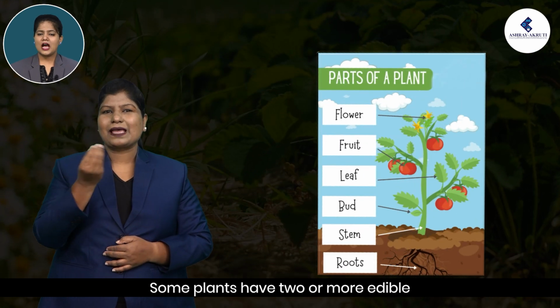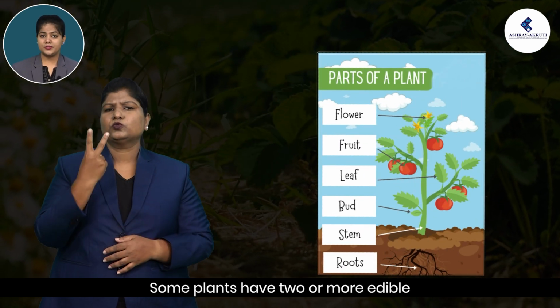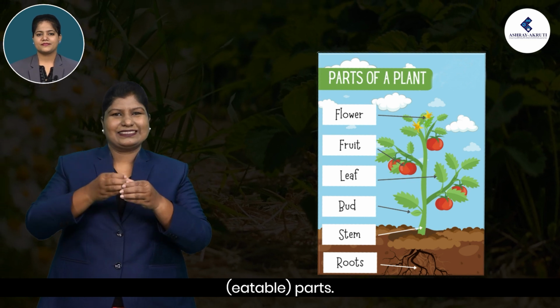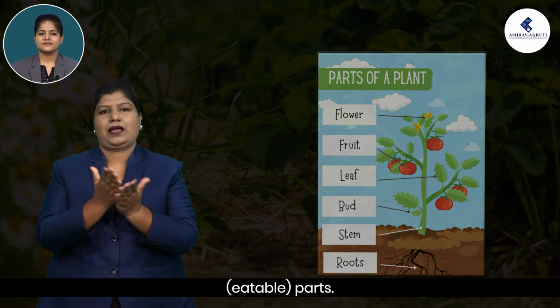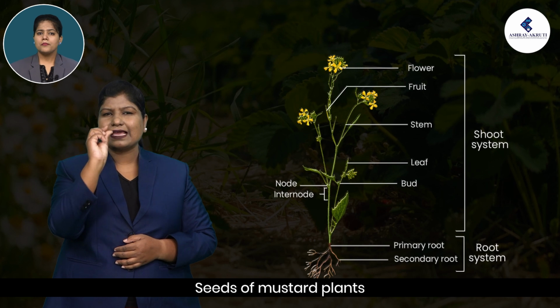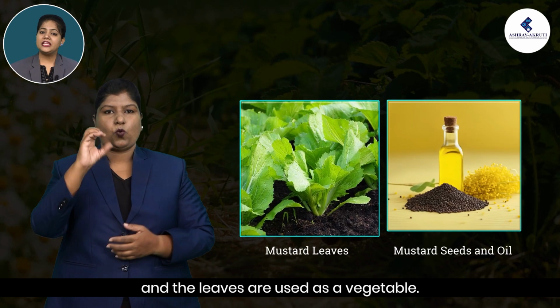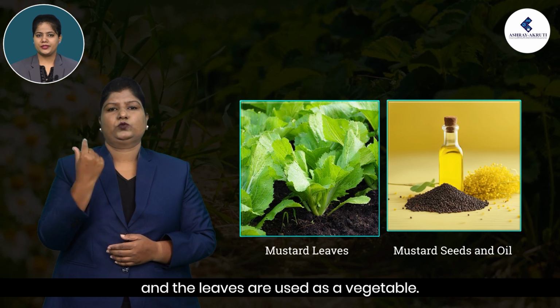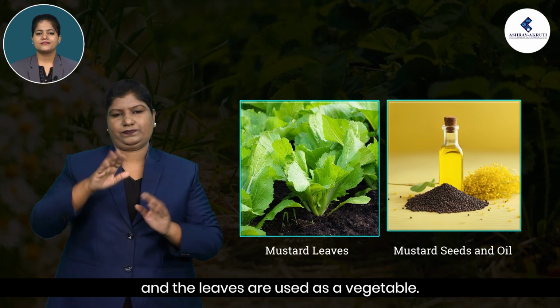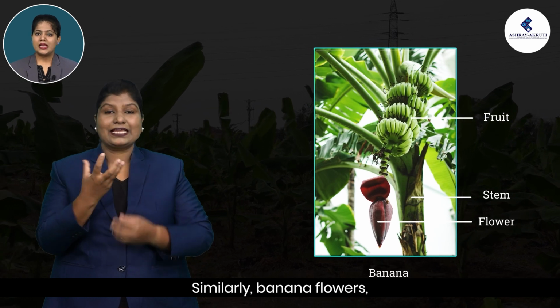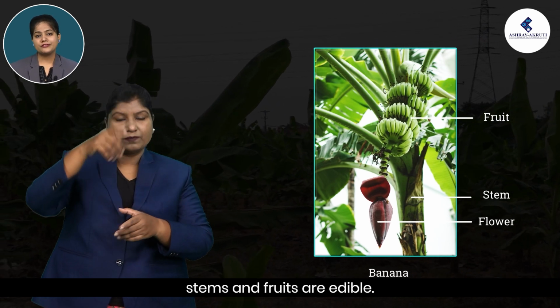Some plants have two or more edible parts. Seeds of the mustard plant give us oil and the leaves are used as a vegetable. Similarly, banana flowers, stems, and fruits are edible.